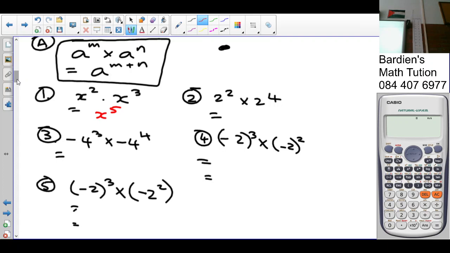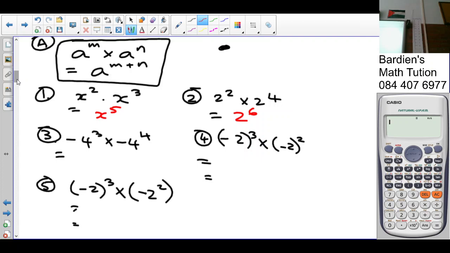Right, number 2. 2 squared times 2 to the 4. 2 to the power? 6. Who got that one wrong? Who said 4 to the power 6? What's wrong with you? Only joking. Okay, that's a common error.